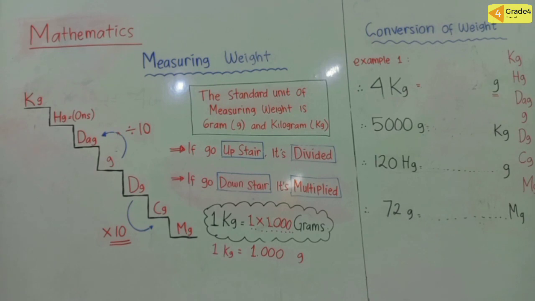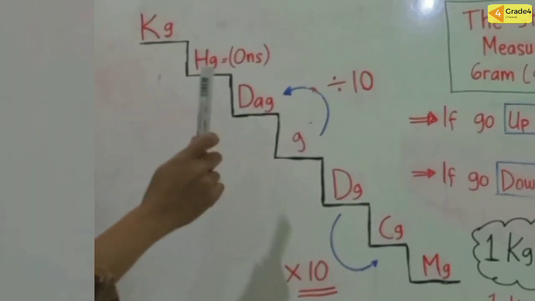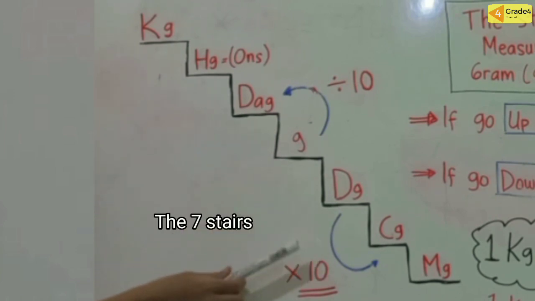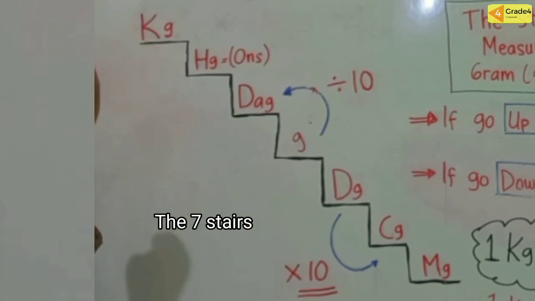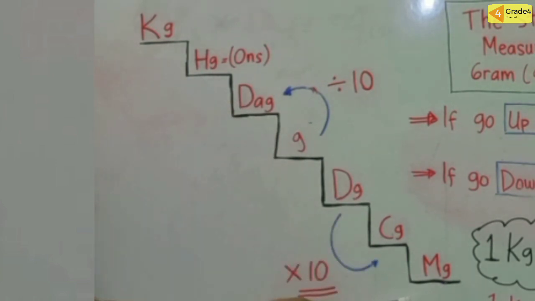Okay, on my whiteboard, you can see I will explain the standard of measuring weight and how to convert weight. So please watch this video carefully. First, I will explain the 7 steps of measuring weight, or we can say the 7 stairs, from kilograms to milligrams.